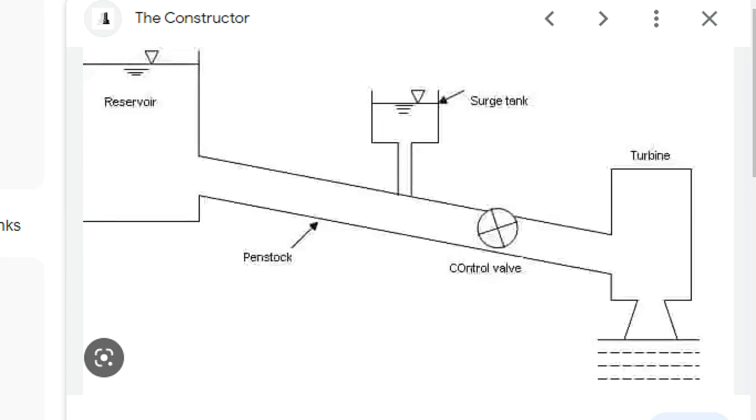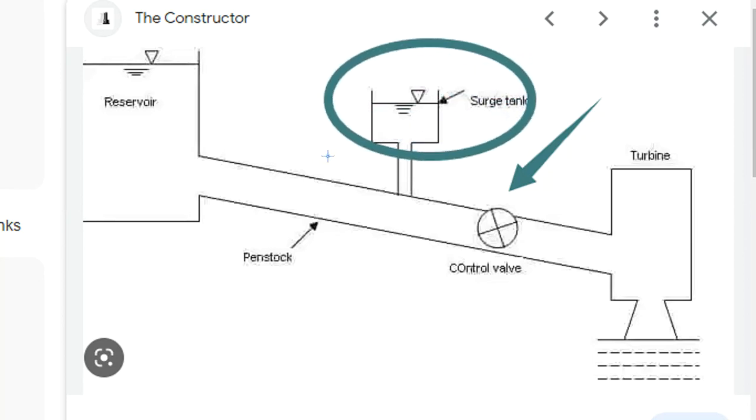First of all, the surge tank also contains a valve, because whenever water is going through this penstock, which is underground, which is the tunnel carrying the water in a hydropower conveyance system having the surge tank. As you can see, this is the surge tank, right?